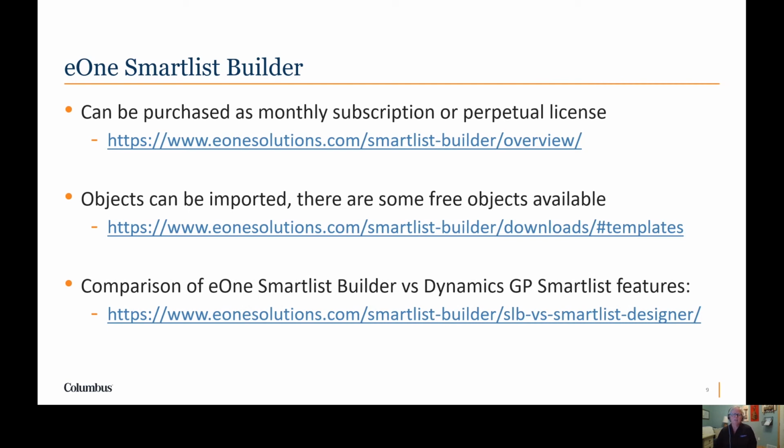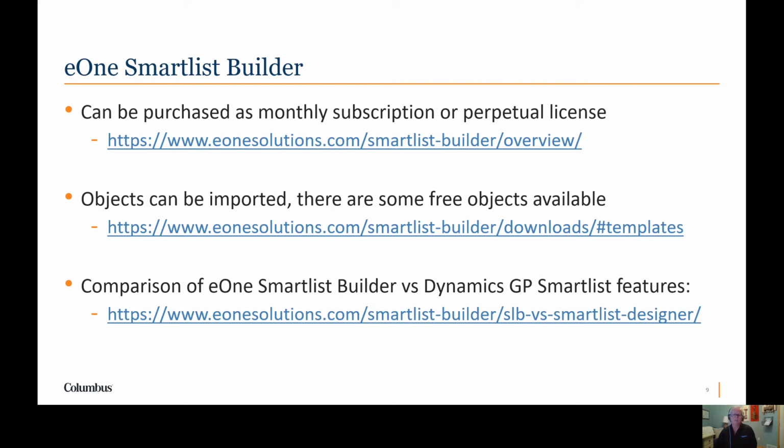You do need to have Smart List Builder in order to be able to import Smart List Builder objects. And then I also added a link here where you can see a comparison yourself of the E1 Smart List Builder version versus the GP Smart List features that would use Smart List Designer.